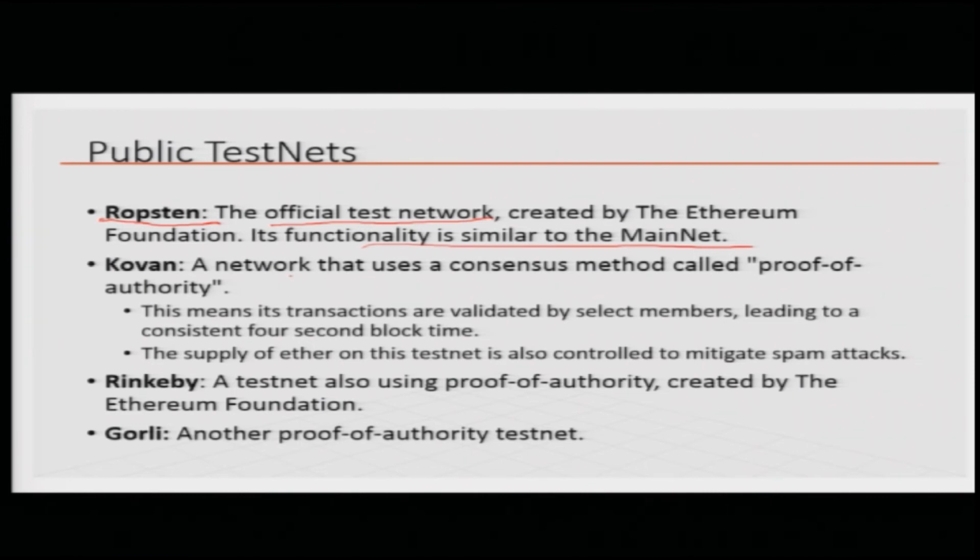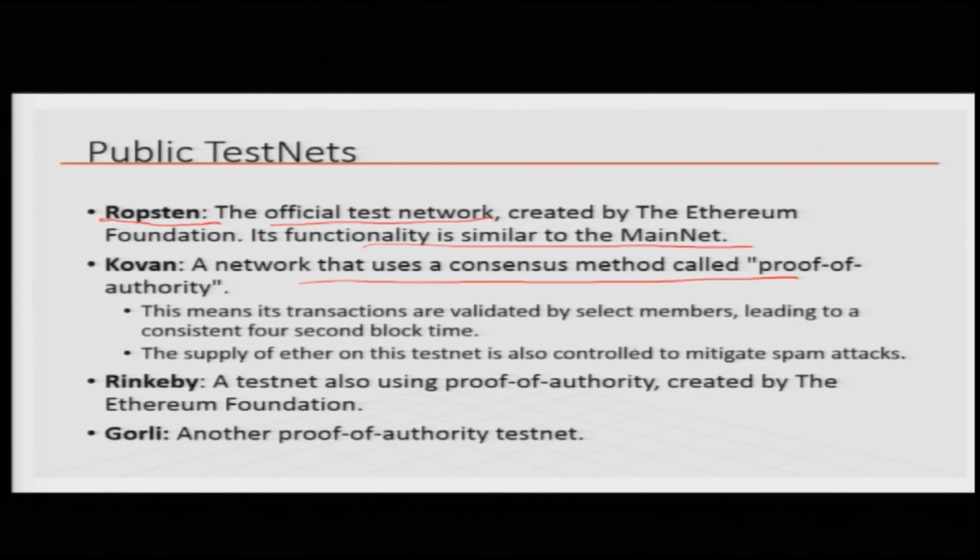Kovan is another network that uses a different consensus mechanism rather than proof of work. It is called proof of authority. Proof of authority has a certain privileged set of users who are going to validate the transactions and who will be mining the transactions.